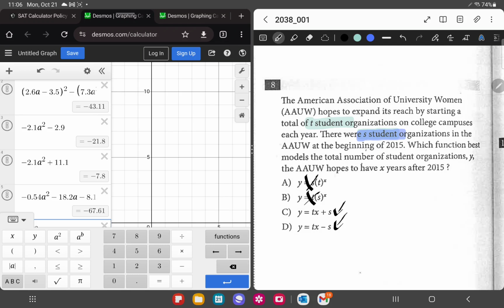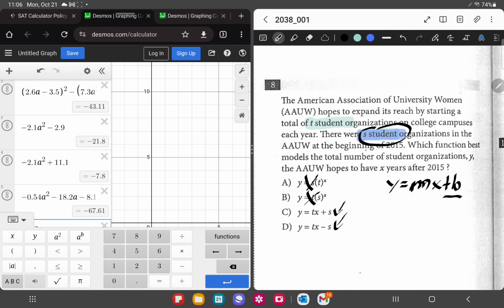Now, whenever you have an organization, well, this is my constant value, right? And if you remember, whenever we have a linear equation, we're going to be using y equals mx plus b. Now, whenever you have this type of equation, I'm going to look at the constant. That's going to be what gives the answer away to me.